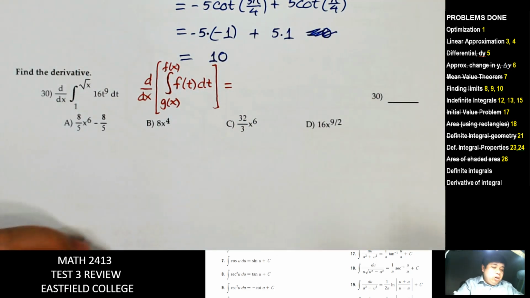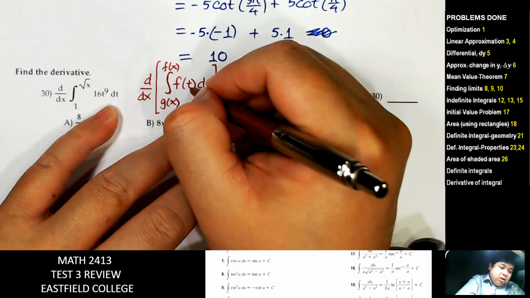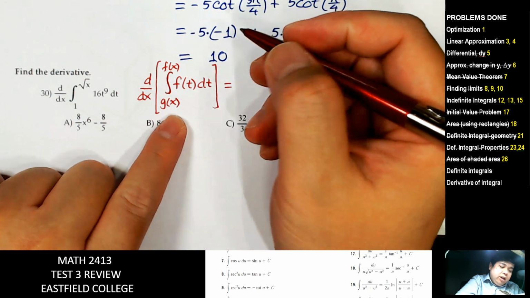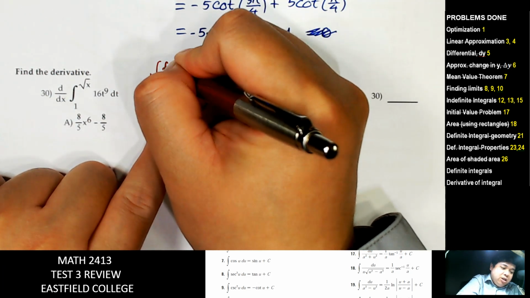Right, and that theorem says that we're going to put the top function, use that h instead because we already have f, so this is h.